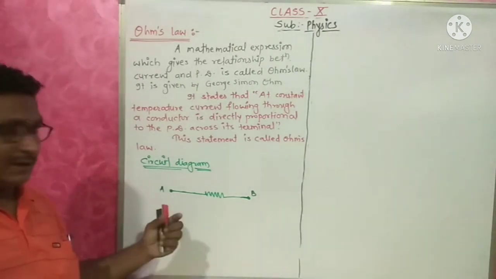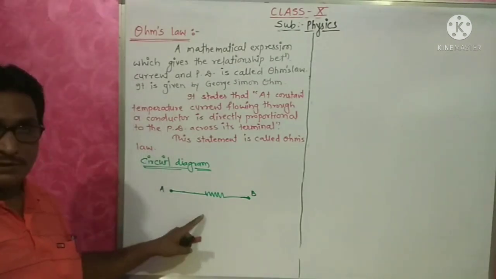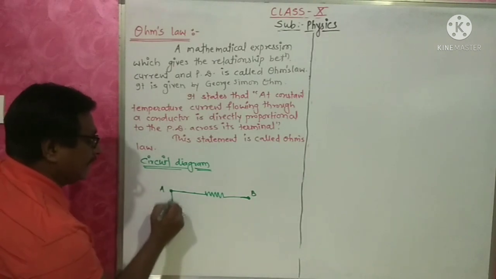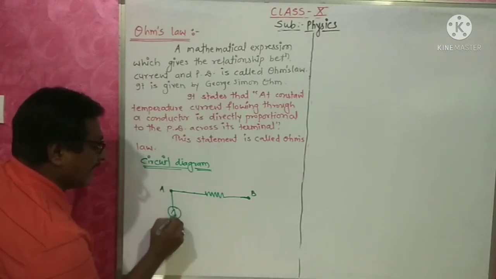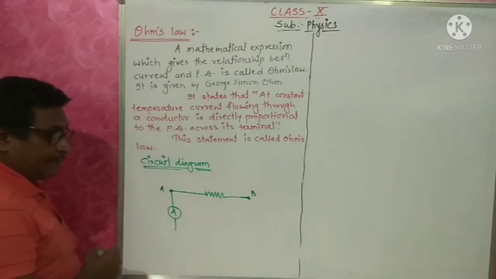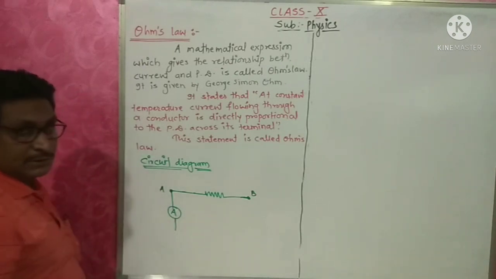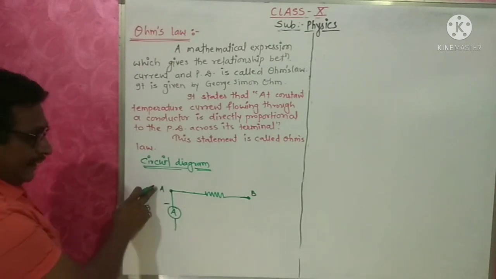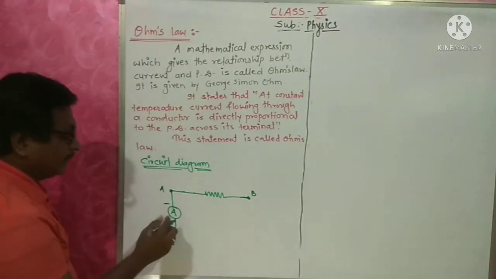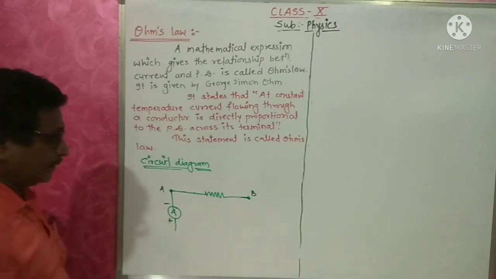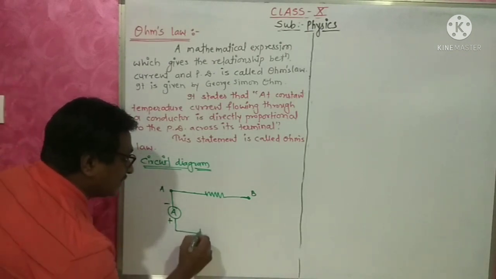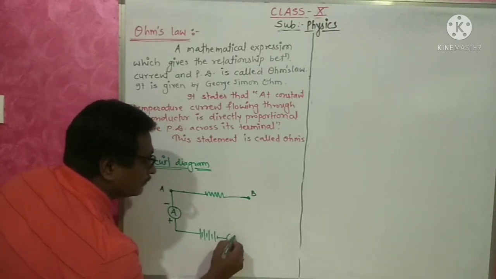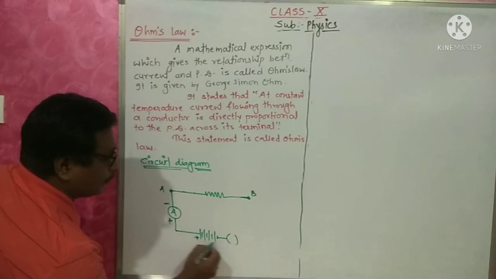Terminal A connects to the ammeter. The ammeter has two terminals, positive and negative. Terminal A connects to the negative terminal, and the positive terminal of the ammeter always connects to the positive terminal of the battery.